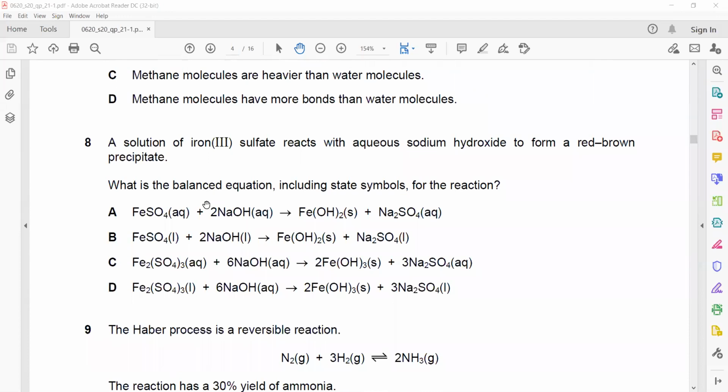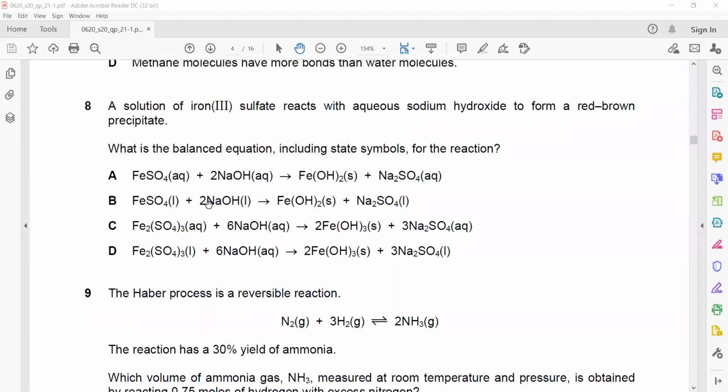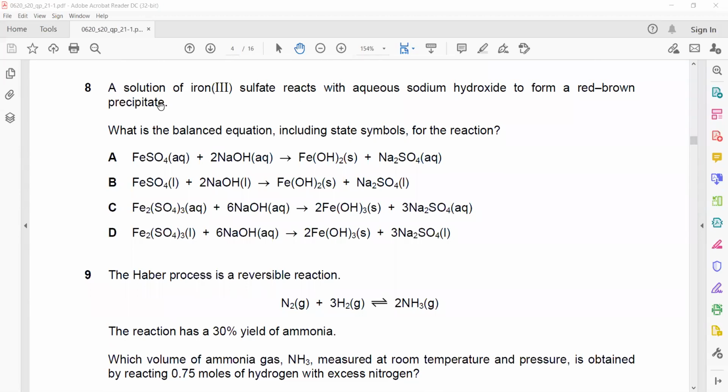Question 8. A solution of iron 3 sulfate reacted with aqueous sodium hydroxide. So this is a very simple question. First, iron 3 sulfate: iron valency is plus 3 and sulfate valency is minus 2.